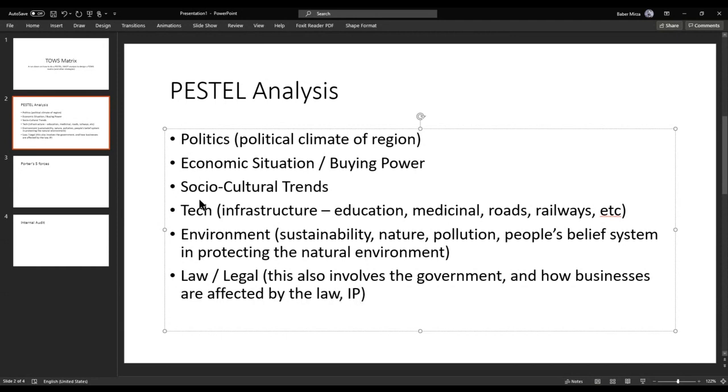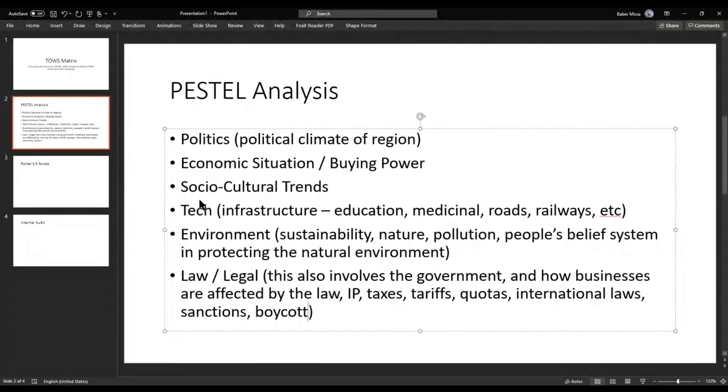There's intellectual property, taxes, tariffs, quotas, national laws, sanctions, and even, what do you call it, boycotts and stuff like that.